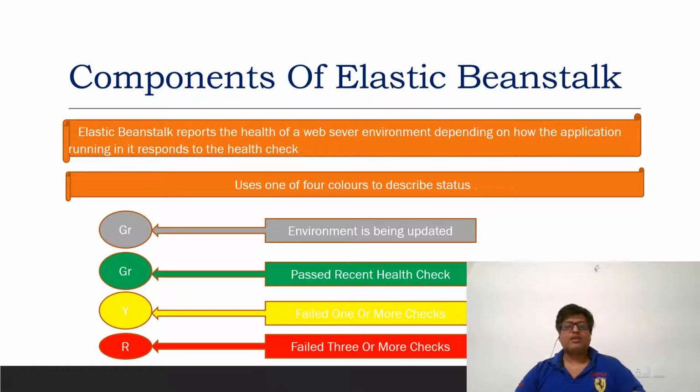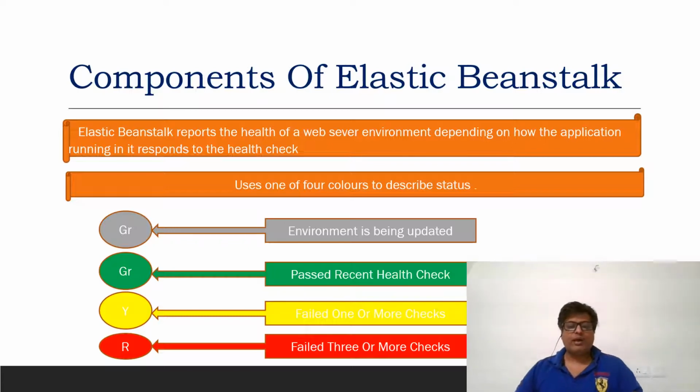Elastic Beanstalk reports the health of a web service environment depending on how the application is running in it and responds to the health check. So by using this color, you get the information about the health of the particular service.